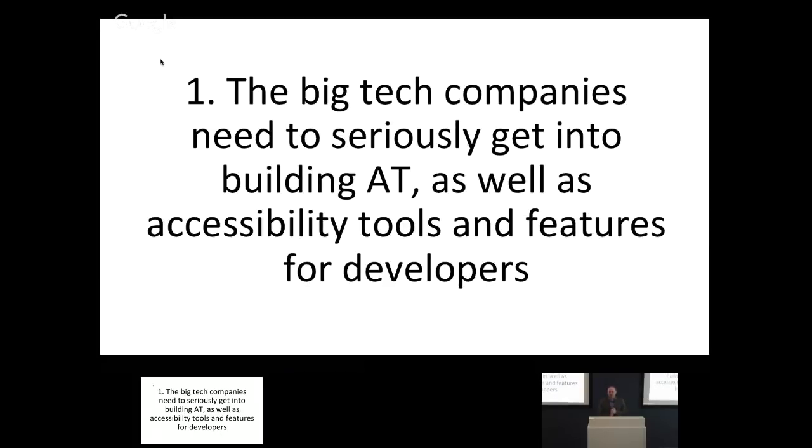My first suggestion is that the big technology companies, so we're talking about Google, IBM, Microsoft, Apple, they need to spend more time seriously getting into building assistive technology and tools for developers related to accessibility, right?